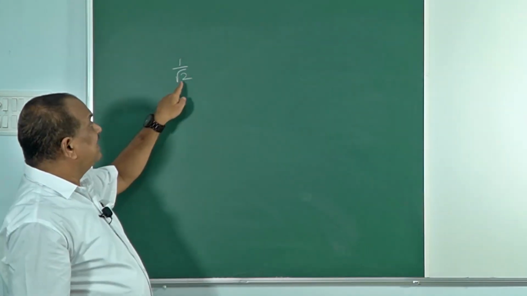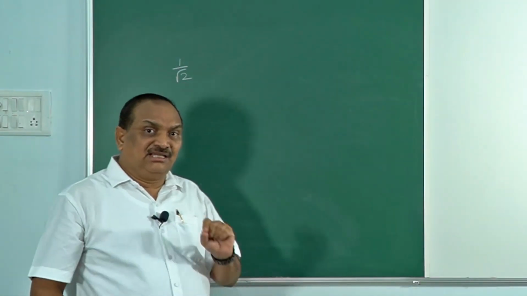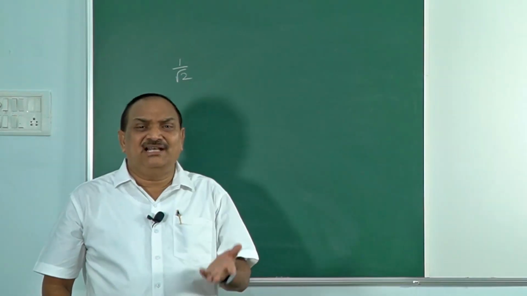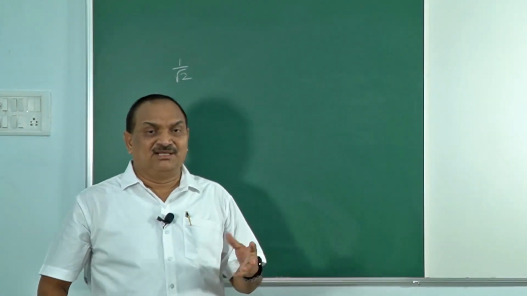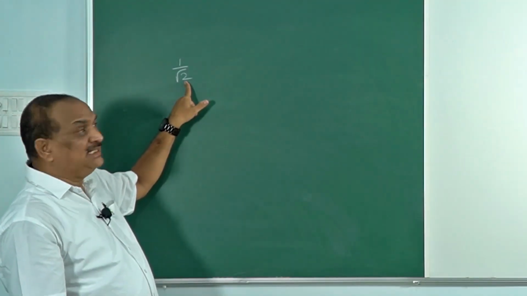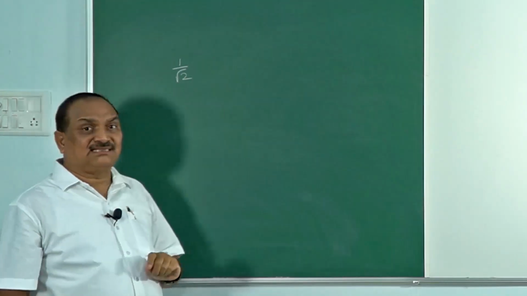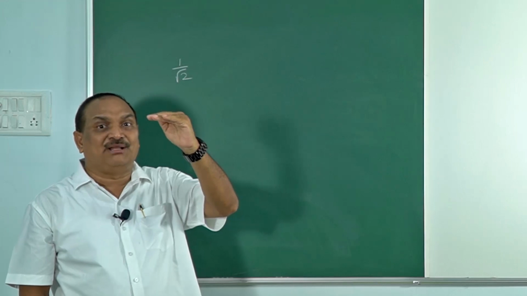When you are given a number which is irrational, you can't rationalize it. How can that become rational? Not possible. But I can rationalize this part. Means the denominator can be rationalized. Naturally, the irrational part shifts to the numerator.